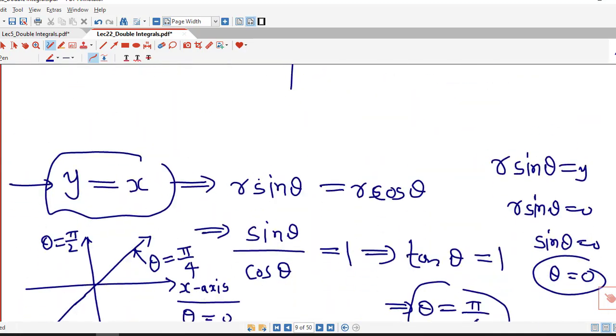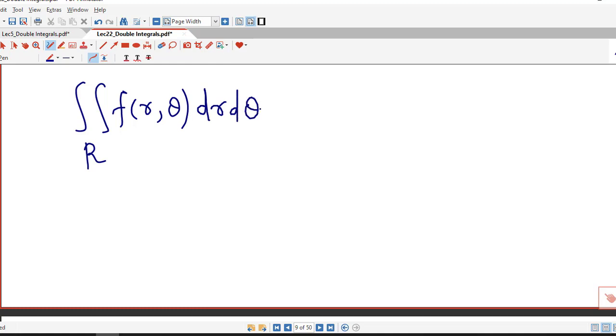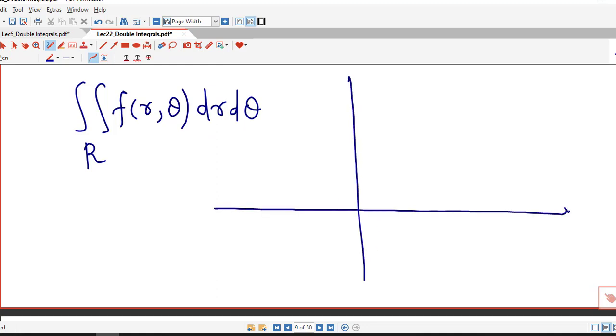Now suppose we want to evaluate a double integral in polar form. Say f is a function of r and theta, and we want to integrate f with respect to r and theta over the region R. Suppose our region R is like this, the region of integration.